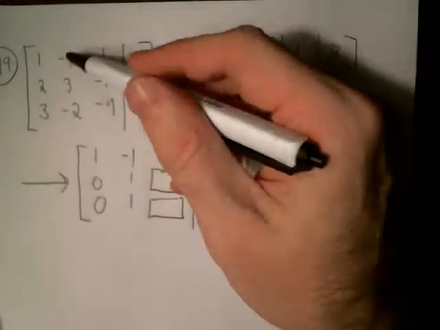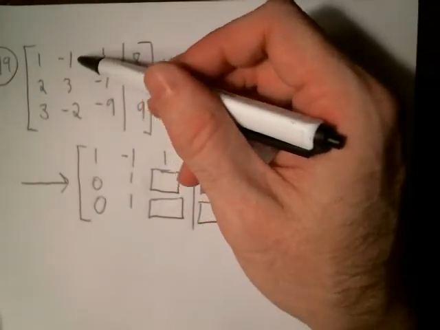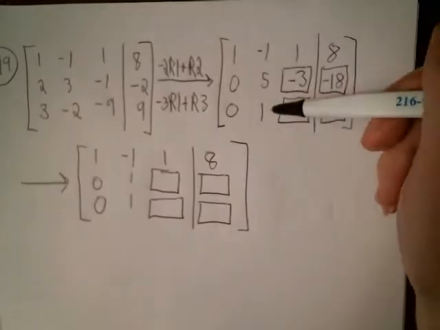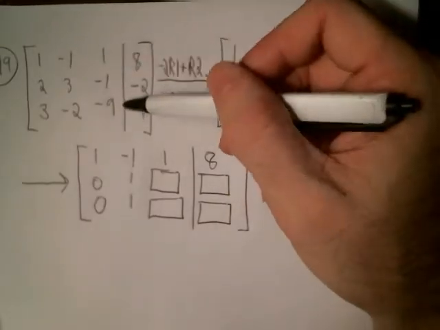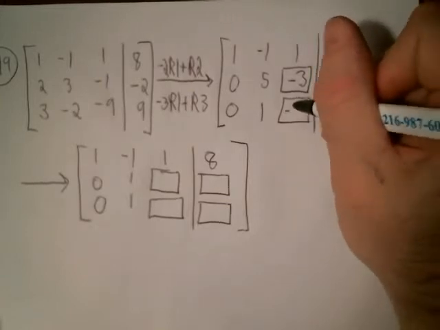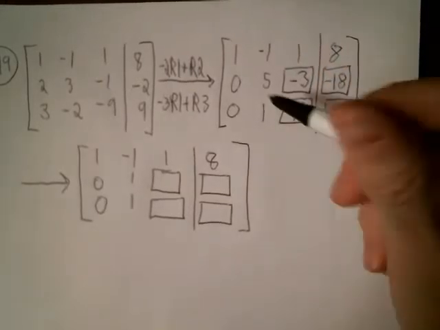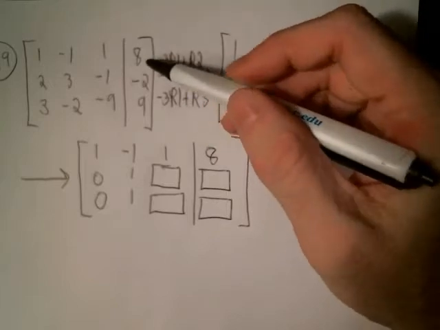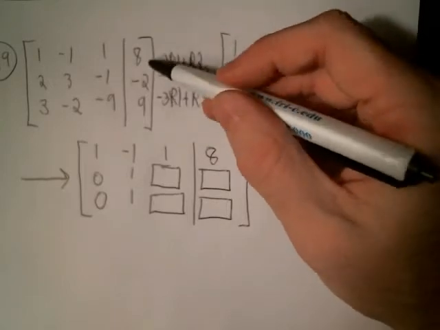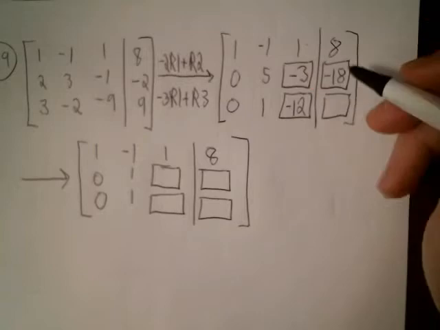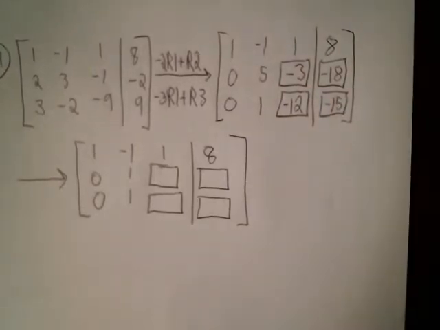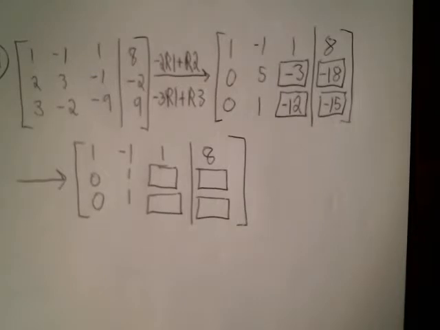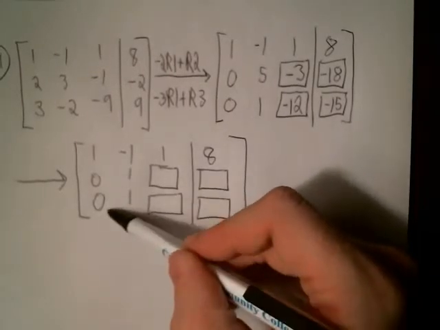So far so good. -3 times -1 is +3. 3 plus -2 is 1. -3 times 1 is -3. -3 plus -9 is -12. -3 times 8 is -24. -24 plus 9 is -15. Okay, so they got zeros below that.